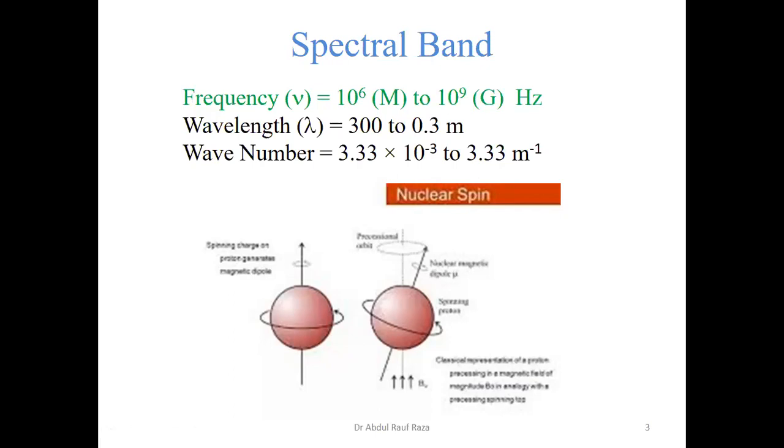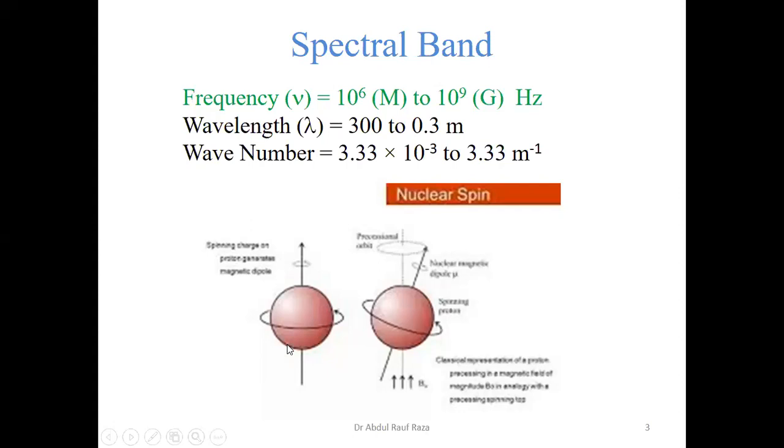Fingers present the direction of spinning, and the thumb presents the direction of the magnetic field. Now look here. If it is spinning clockwise, you are looking from the top. So you shall point your right hand accordingly.